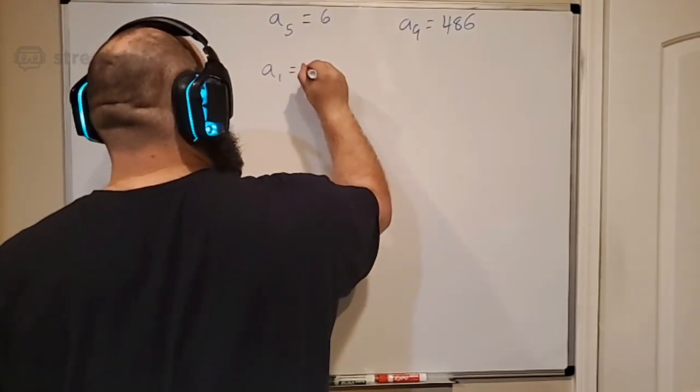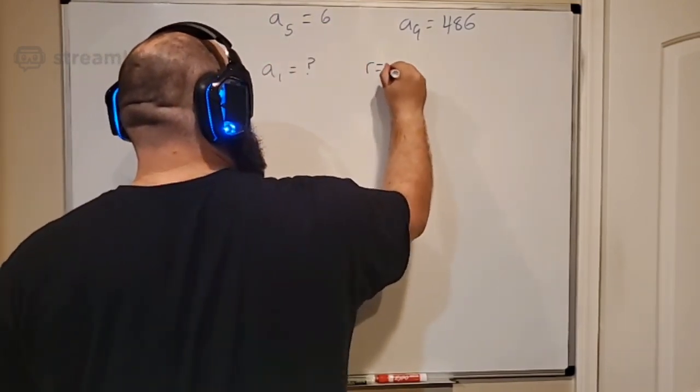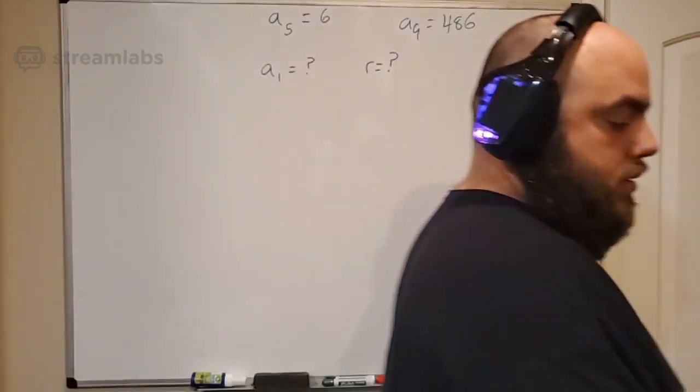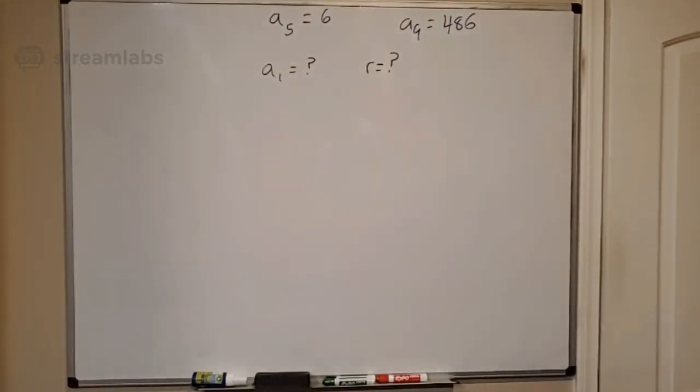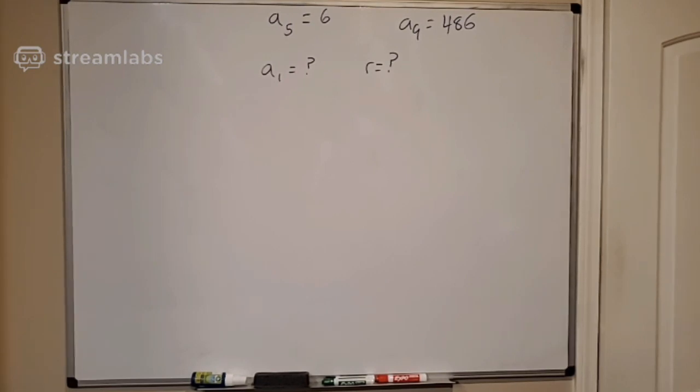Okay, so other ways they could look at problems and do things is they can give you a couple of terms. So specifically here they gave us A sub 5 and A sub 9, and they want us to find the first term and the common ratio.